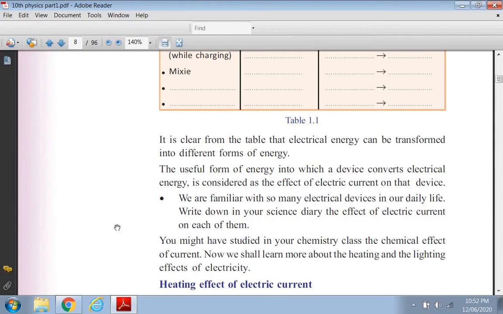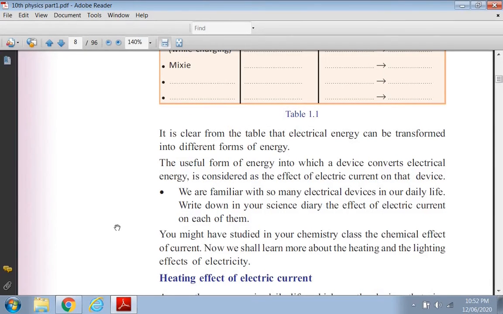It is clear that electrical energy can be transferred into different forms of energy. For the bulb, the effect of current is light effect. For the fan, mixer, etc., it is mechanical effect. For the iron box, stove, etc., it is heat effect. So, the useful form of energy into which a device converts electrical energy is considered as the effect of electric current.